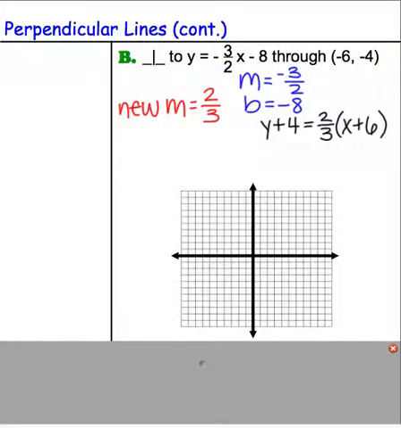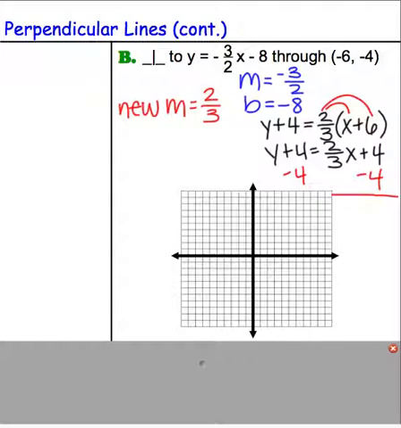We can go ahead and distribute the 2/3, which will give us y plus 4 equals 2/3 x plus 4. Then I can go ahead and subtract 4 from both sides, which gives us a final equation of y equals 2/3 x plus 0, which we don't need to put in.